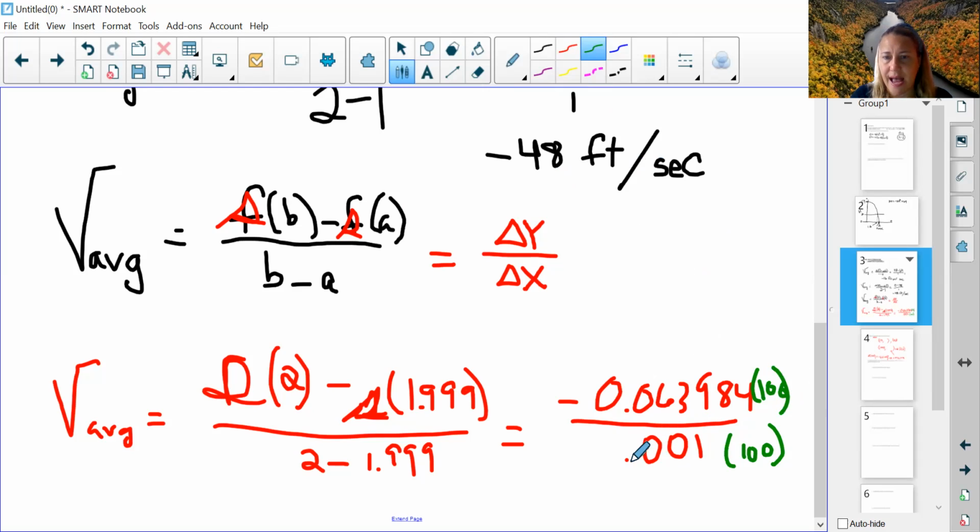Using your calculator is fine, but if I move my decimal places here, I get 63.98, which some of you would say is pretty close to 64. Should we call it 64? And it's negative because we're falling, feet per second.